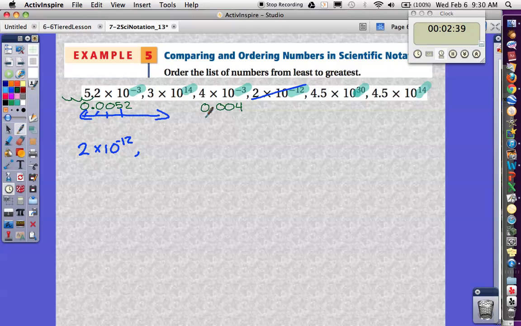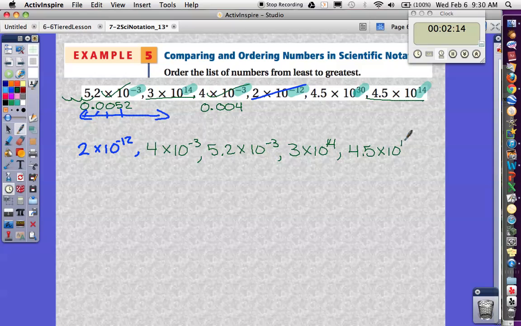The smaller one would be the 4, so we're going to have 4 times 10 to the -3rd, then the 5.2 times 10 to the -3rd. Those two are done. Look at the next exponents. Which ones? These two match as well. Which one's smaller? The 3. And the last one would be 4.5 times 10 to the 30th.